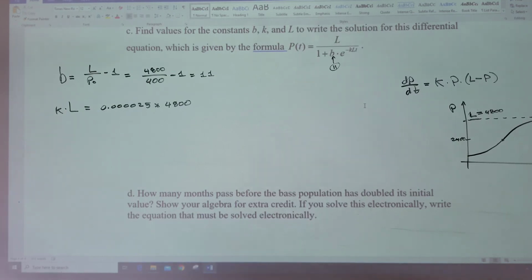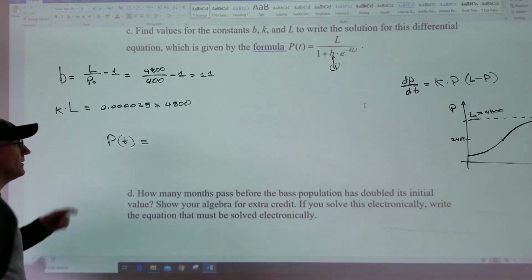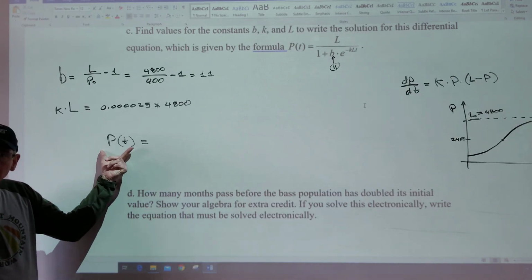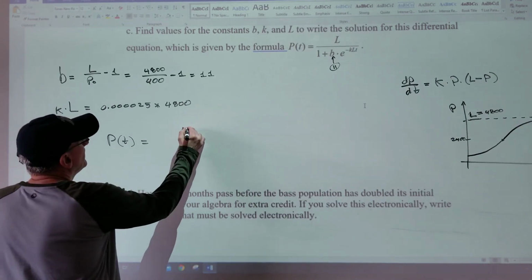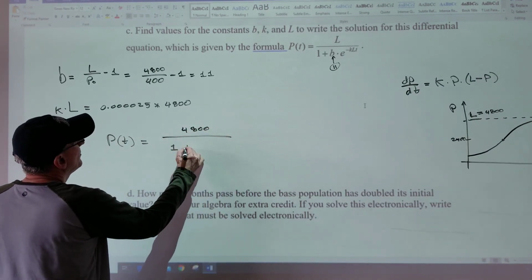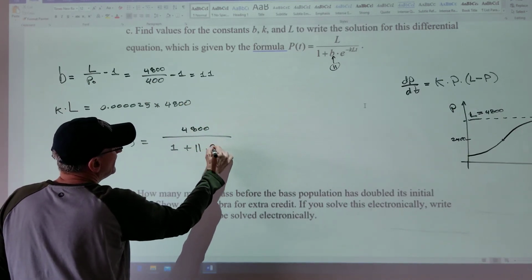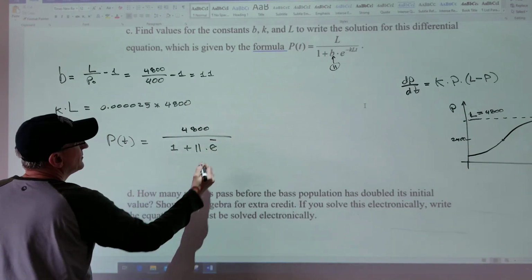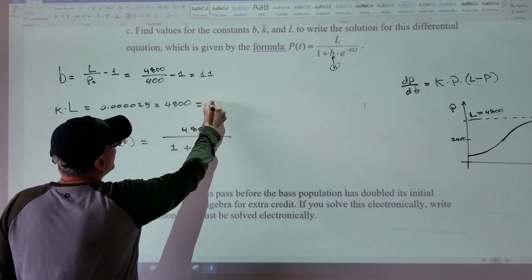Indeed, it's 0.12. So, the solution to the differential equation, not just the rate of change, but the thing that will actually allow us to calculate numbers of fish, is L over 1 plus 11, that's the B value, times e to the negative K times t, where K was 0.12.